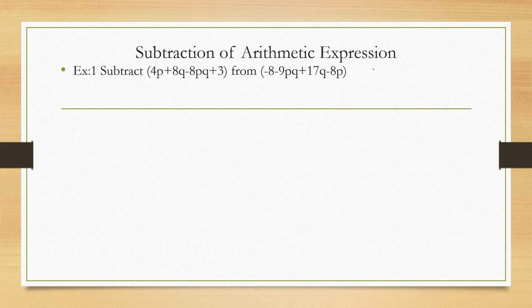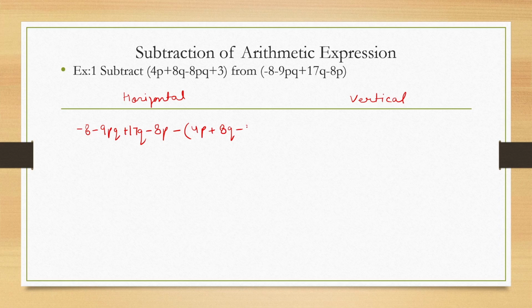Now subtraction of algebraic expressions, we will see it in horizontal and vertical method. Okay, so in this horizontal method, we subtract this from this one, so this is the greater one. So first we will write minus 8 minus 9pq plus 17q minus 8p, minus the bracket 4p plus 8q minus 8pq plus 3.